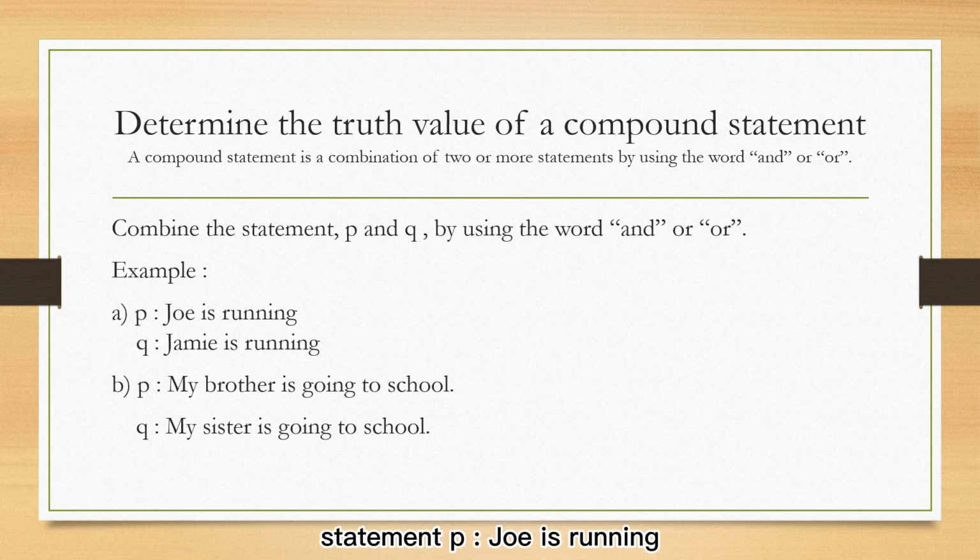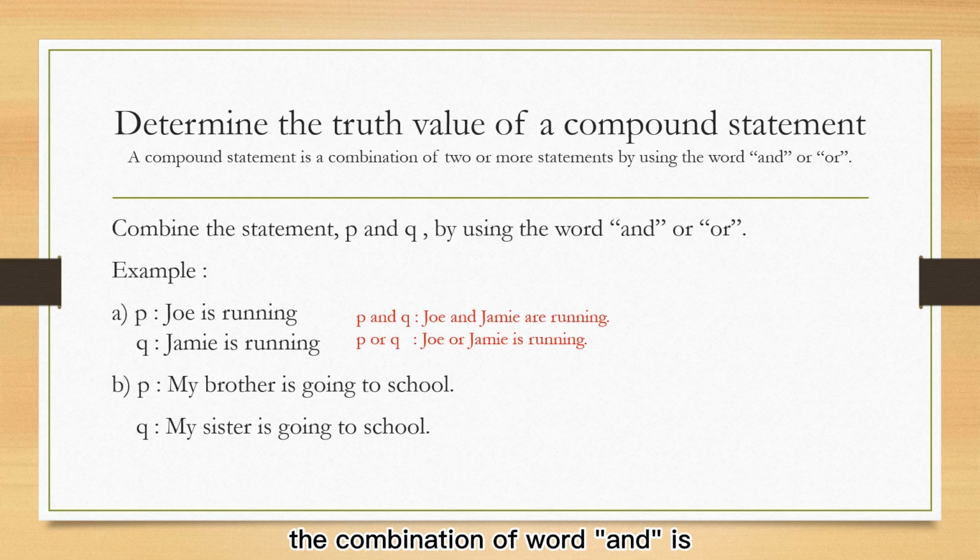Question A. Statement P: Joe is running, and statement Q: Jamie is running. The combination with the word and is Joe and Jamie are running, and the combination with the word or is Joe or Jamie is running.